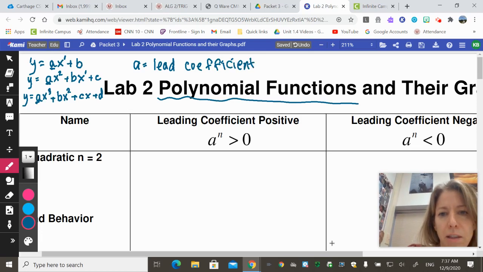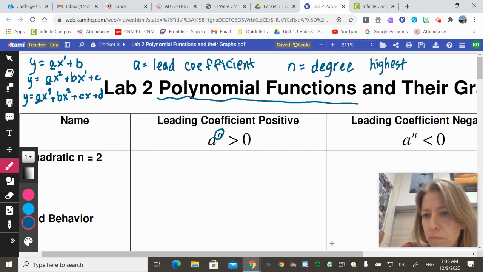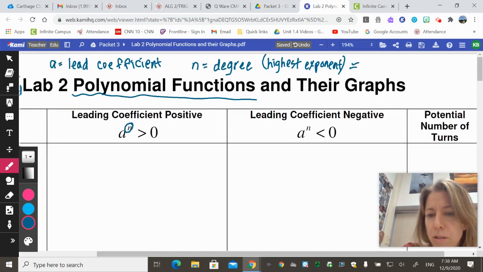And the degree, in this case, they're using n. The n represents the degree. And the degree is the highest exponent. It also equals the number of roots.